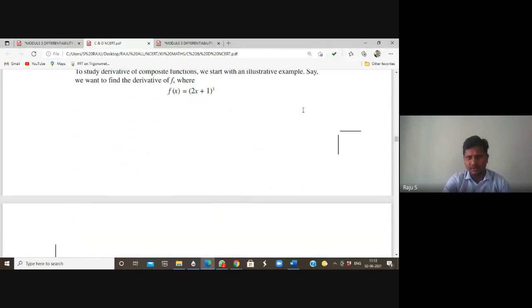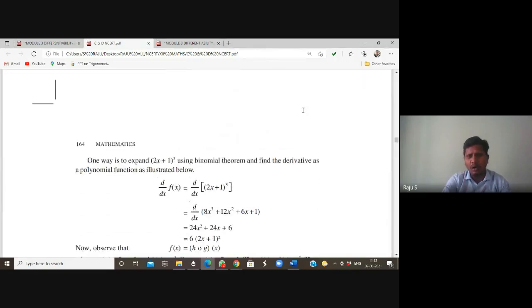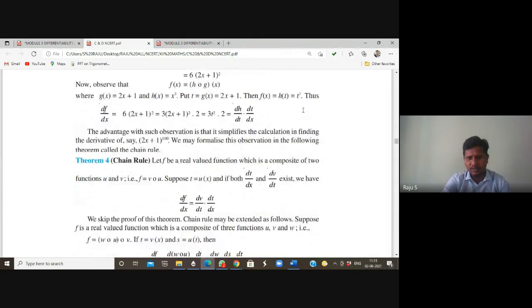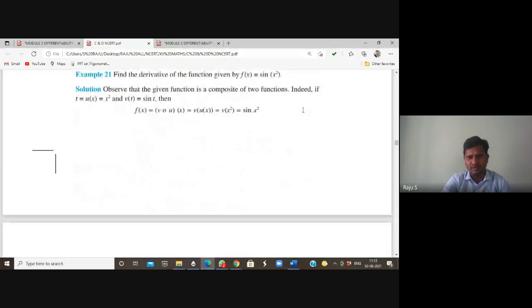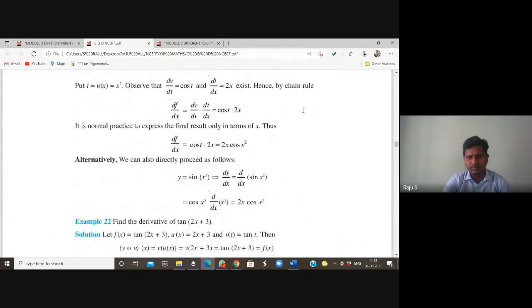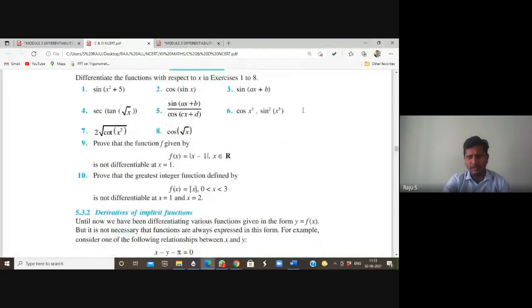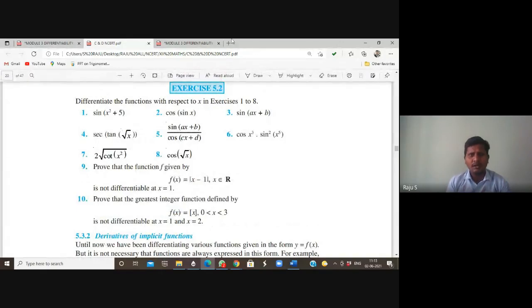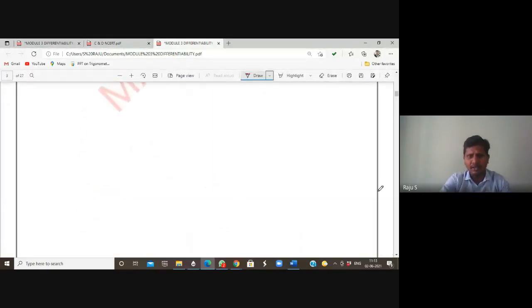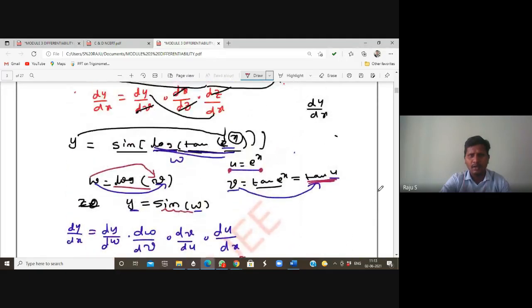Derivative of composite functions. Here, chain rule or composite function will be the same; both give the same meaning. I have taken one example here. What is meant by that? Like sin of log of tan of something, where sin is a function of some value.